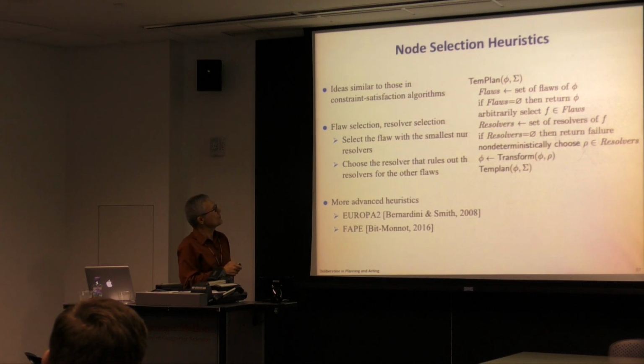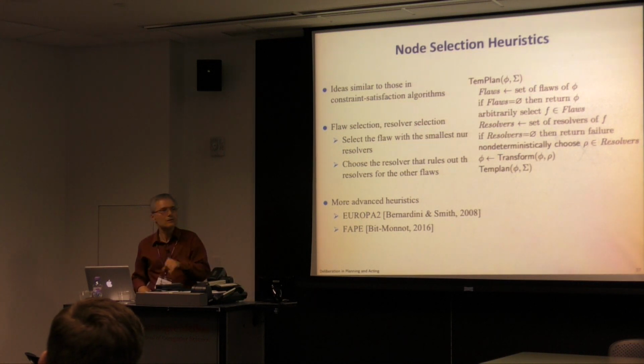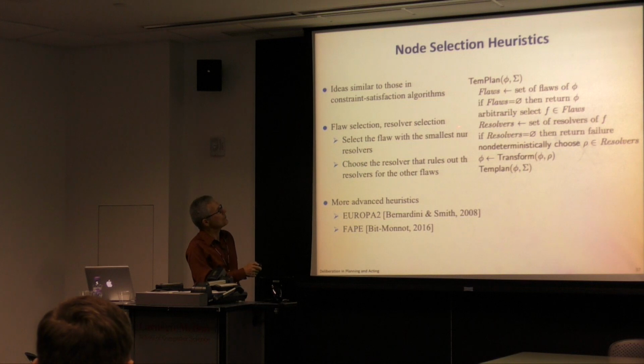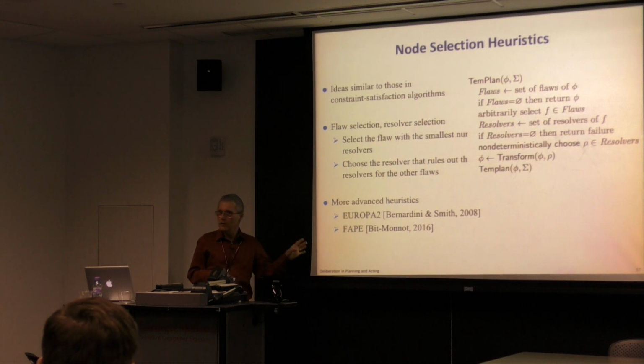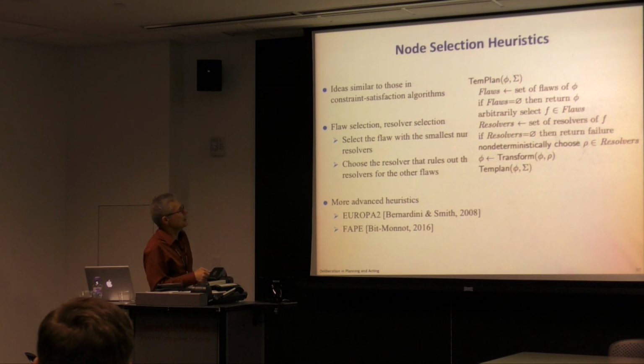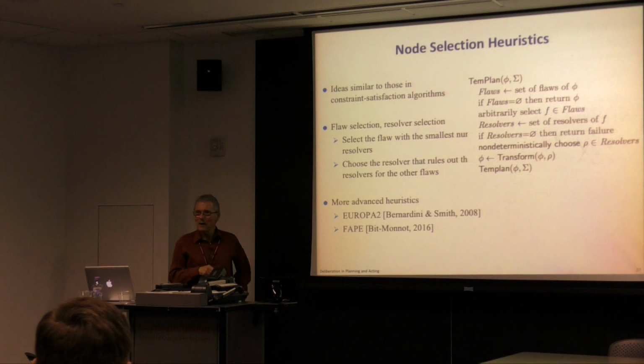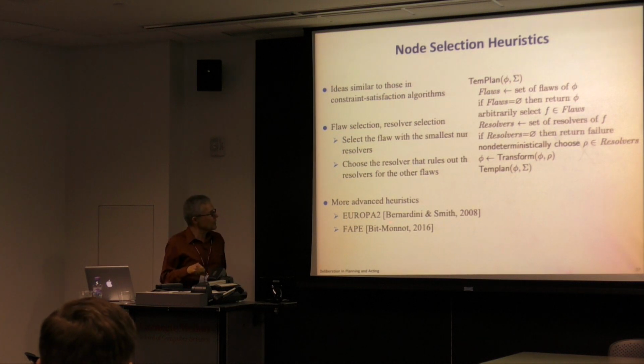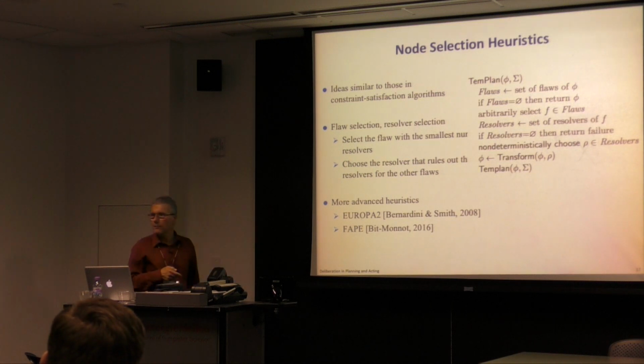For flaw selection and resolver selection, they go by different names in the constraint satisfaction literature, but basically we want to select the flaw with the smallest number of resolvers, and we want to choose the resolver that rules out the smallest number of resolvers for the other flaws. Okay? So those are the heuristics there. There's some more advanced heuristics that have been in some publications recently, but I'm not going to talk about them.